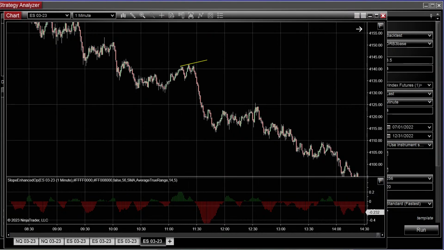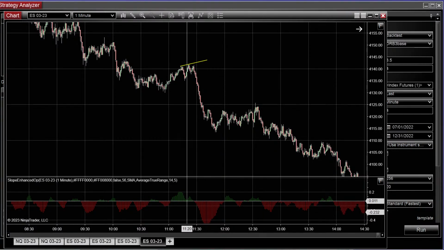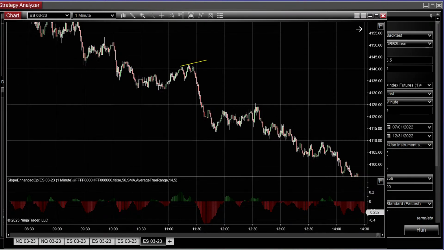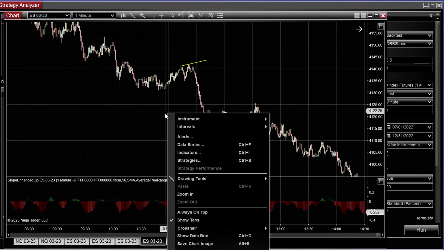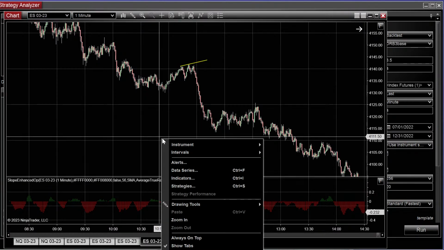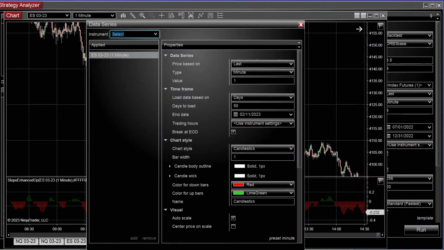We can see the price action, pretty good slope. Whereas 0.4 is just a mega slope, very steep. And so if we go to a different instrument, we want to see the same thing just to confirm that it is normalized across different products.